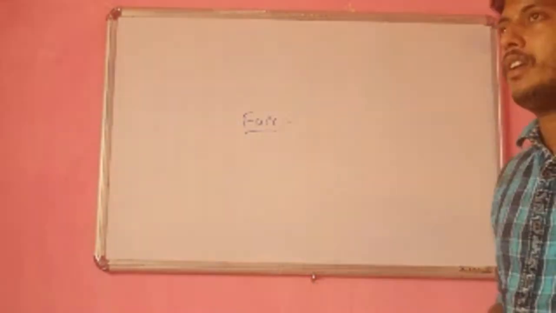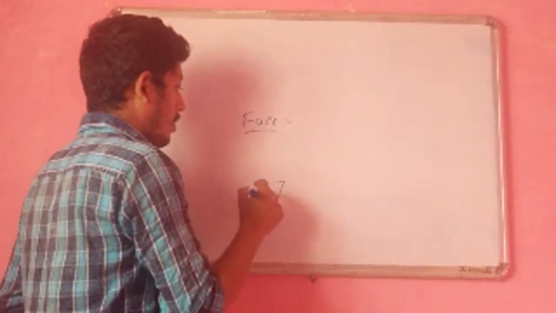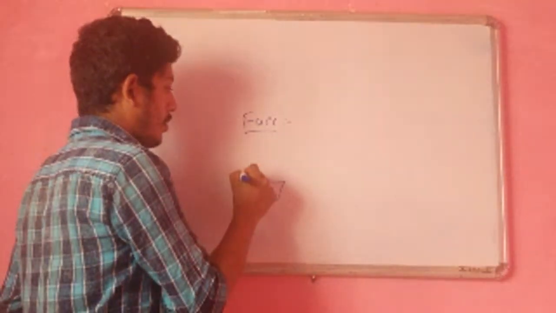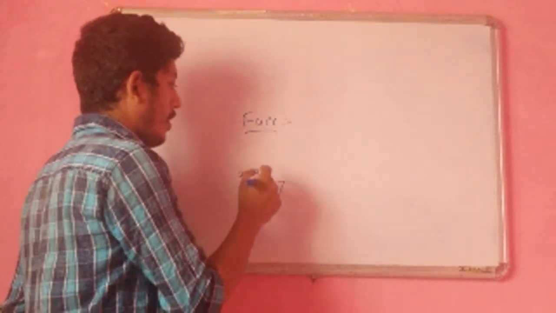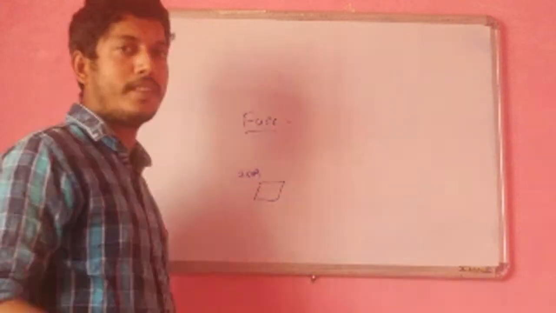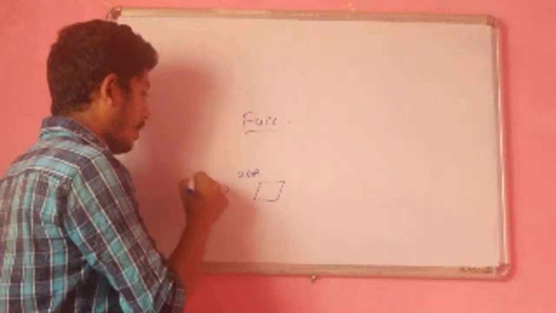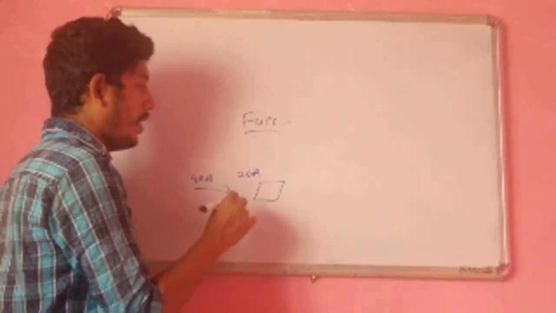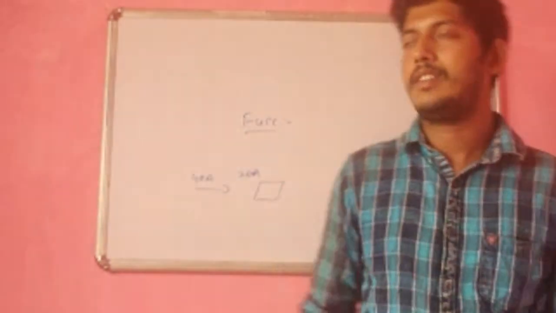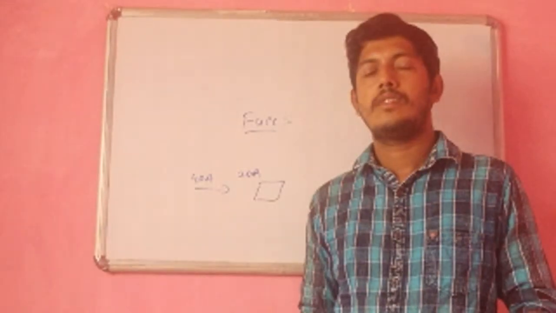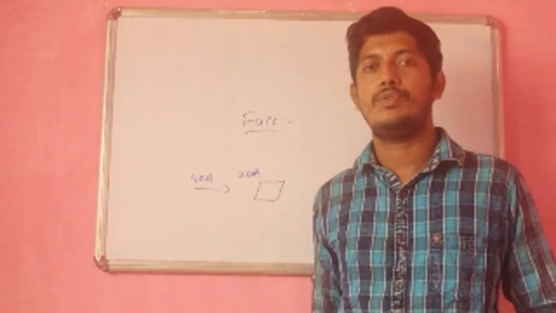For example, for an instrument, say 20 ampere of current is required, but if 40 ampere of current comes, then the device will get damaged or will start burning because of high energy.